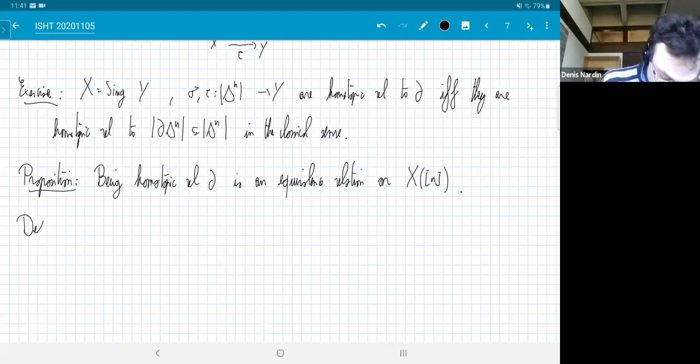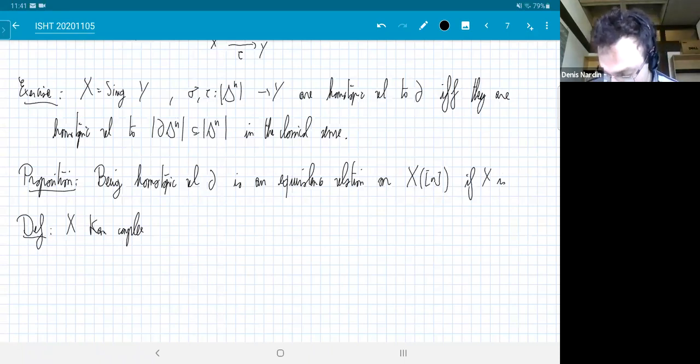Okay, and then we can define, if X is a Kan complex.